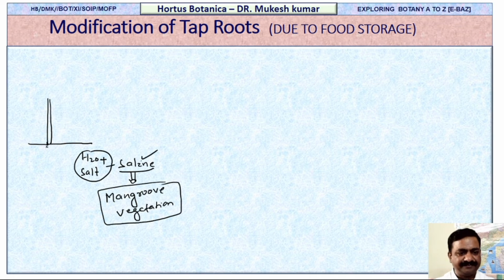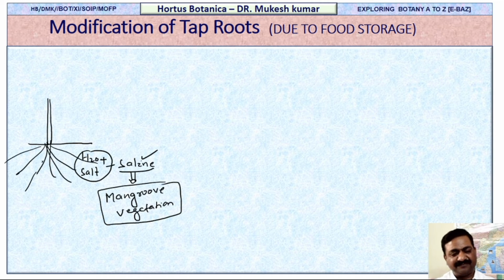These are the taproots, no problem. It is found that they need fresh water, but they have no fresh water in their surroundings. So they tend to move out of that habitat. We find that roots are always positively geotropic, we know this.